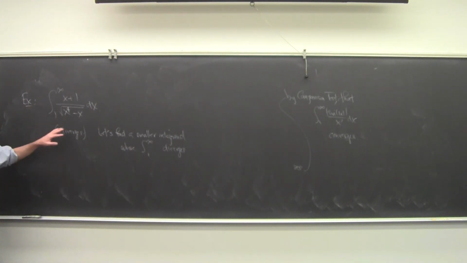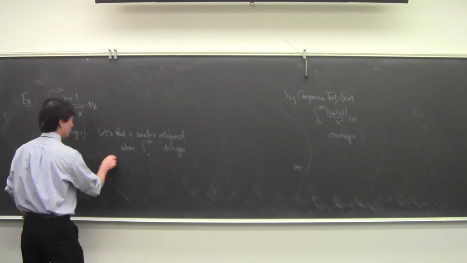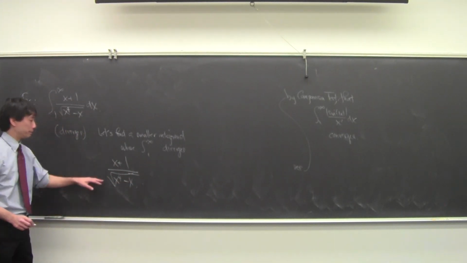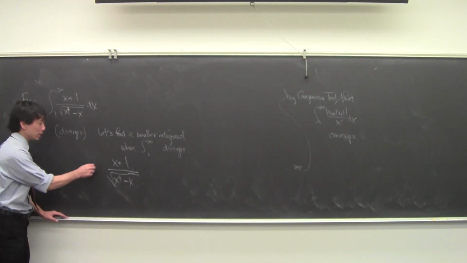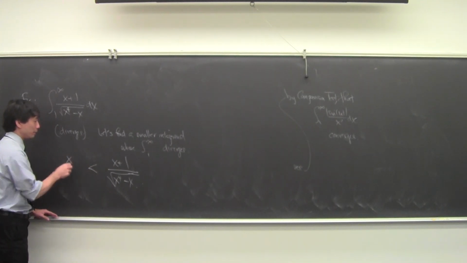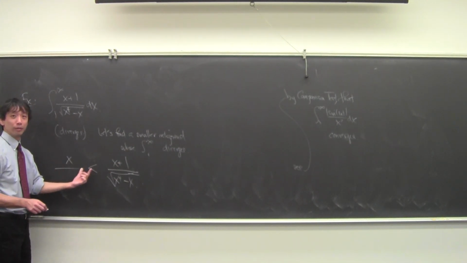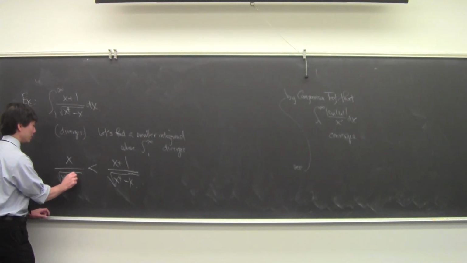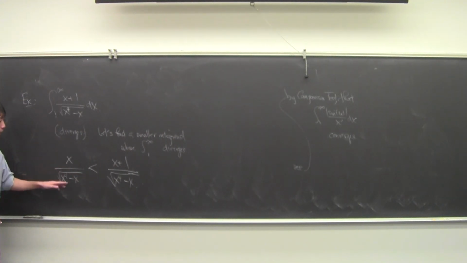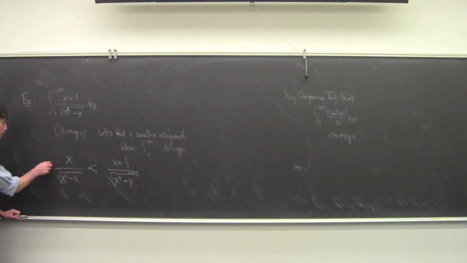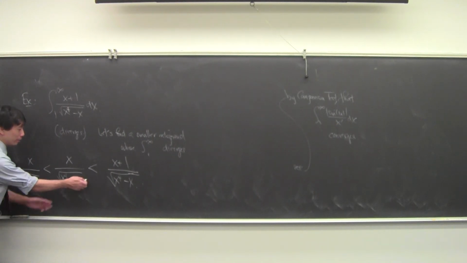Because we're out of time, let me just do it for you. Here is my function. I'm going to find something smaller in kind of a crude way. I'm just going to throw out that 1 on the top. That definitely makes it smaller, right? And then I'm going to make the divisor bigger by getting rid of this negative x. I'm going to make the divisor bigger by adding a plus x to it.